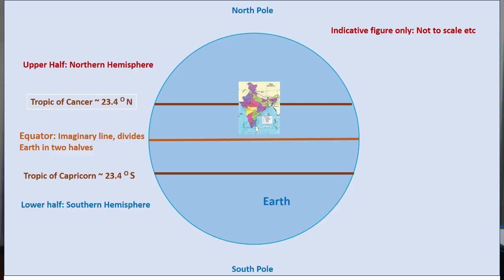Now what happens? Our country, if we look at the globe again, is located near the equator. Our southern tip is almost at the equator, and then it goes towards the Tropic of Cancer and goes a little bit beyond it.